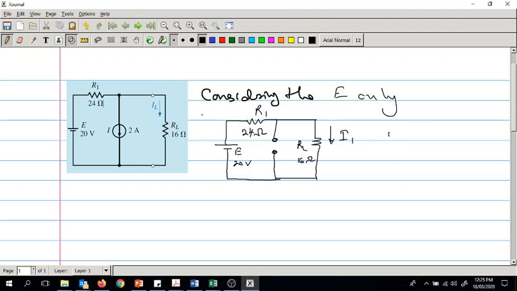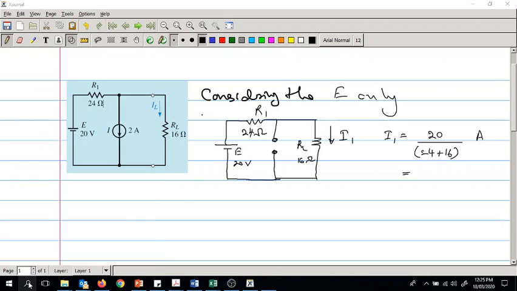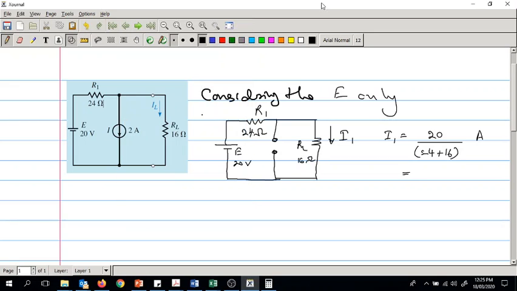So we can write I1 is equal to 20 divided by 24 plus 16, in amperes. Let's take the calculator. It's 20 divided by 24 plus 16, which is 0.5 amperes. So that's 0.5 amperes.